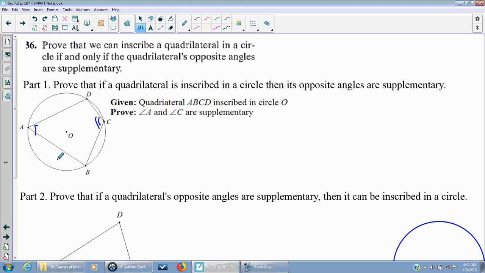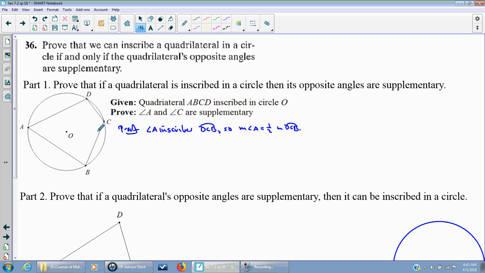And this is real easy. Angle A inscribes arc BCD, so the measure of angle A is 1/2 the measure of that arc.